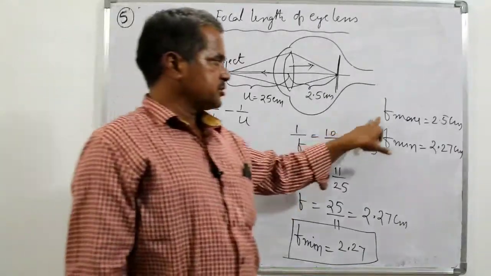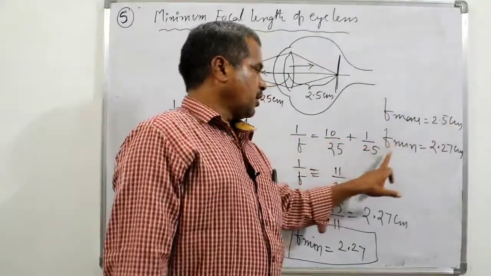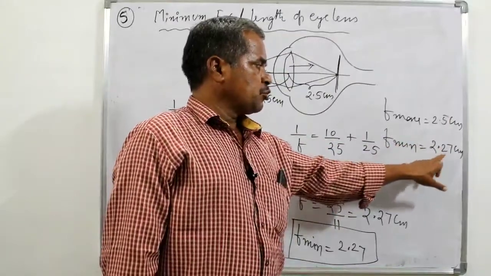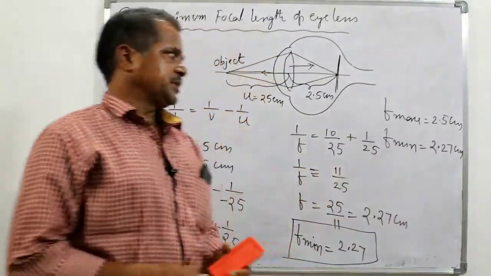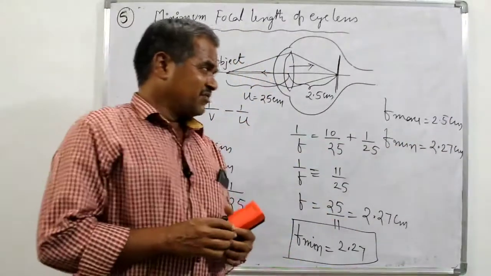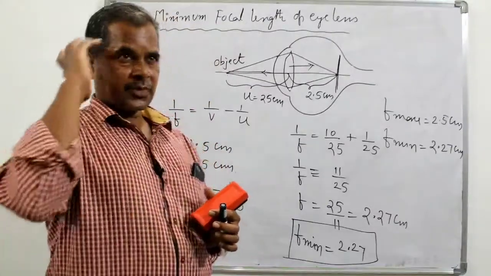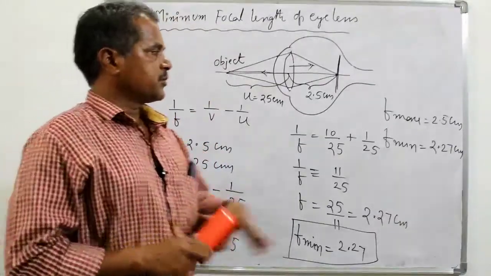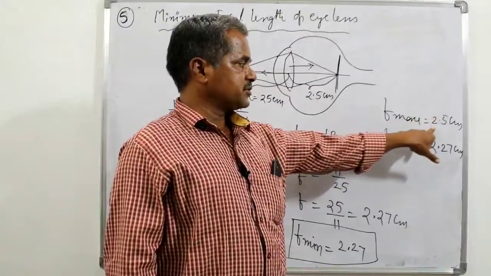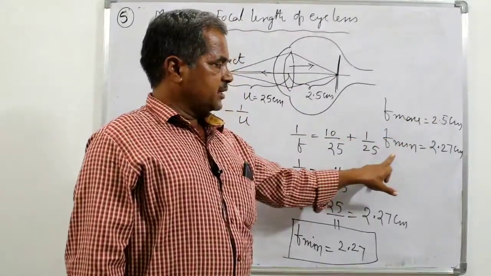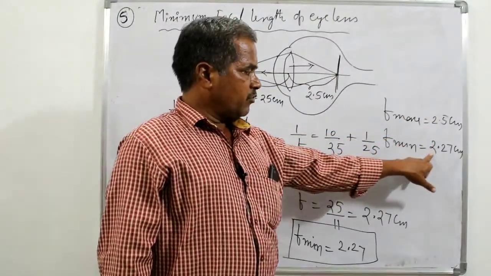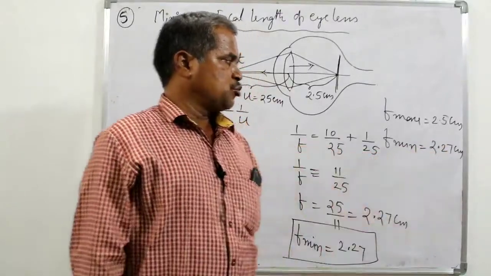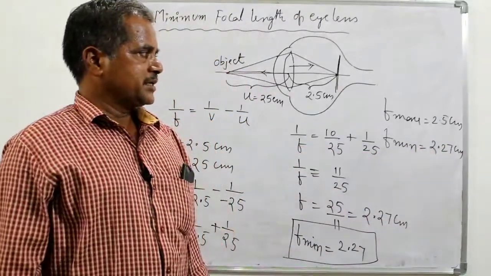So f max is equal to 2.5 centimeters and f minimum is equal to 2.27 centimeters. When we see objects at far distances, the focal length of the eye lens becomes 2.5 centimeters. When we see near objects, the focal length becomes 2.27 centimeters.